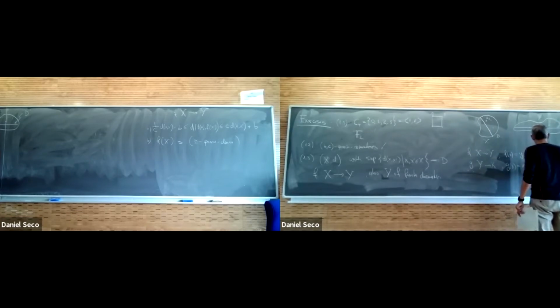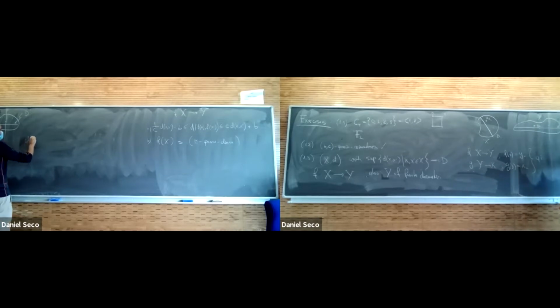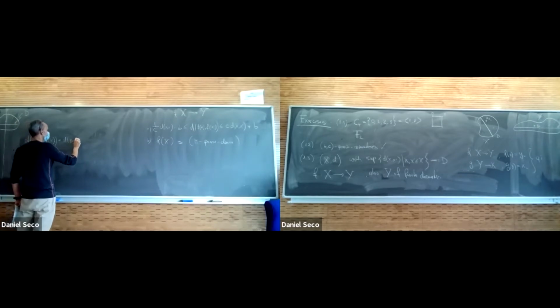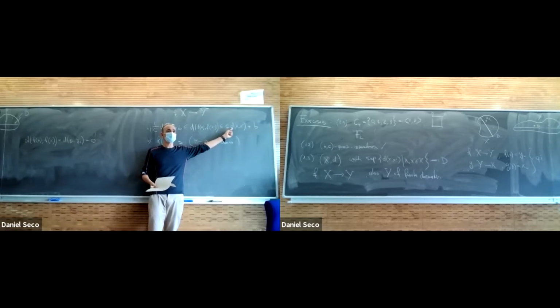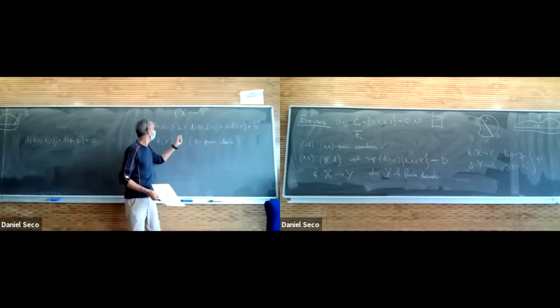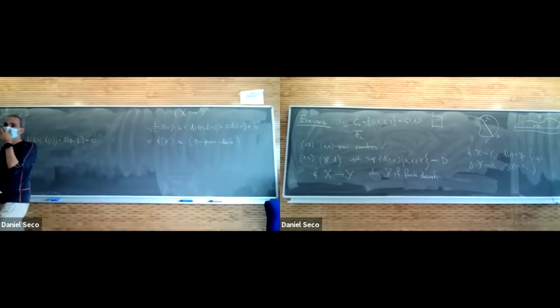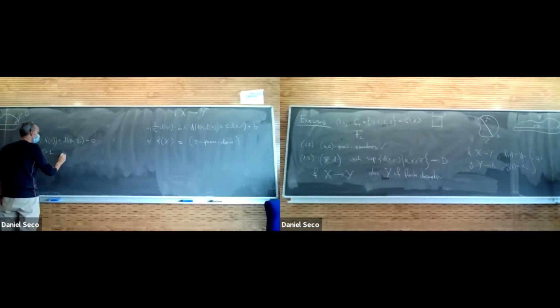These are quasi-isometric because the distance between the images of x and x prime, that's the distance between the same points, is 0. So these inequalities are trivial. And you can take B as the diameter. And then you get the other one. Take, for instance, C equal to 1 and B equal to the diameter.